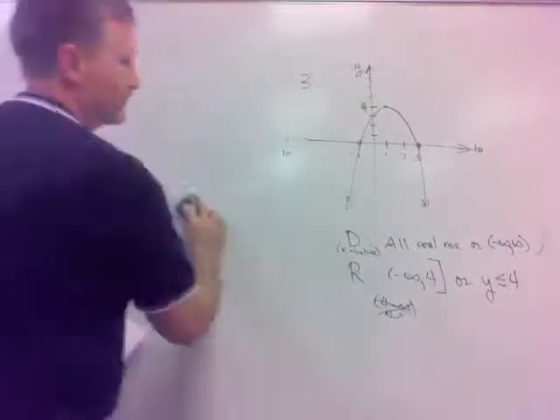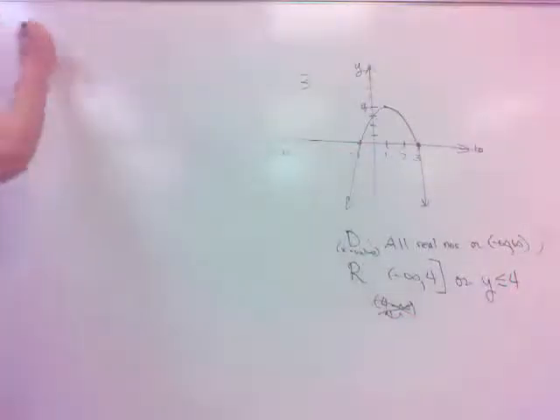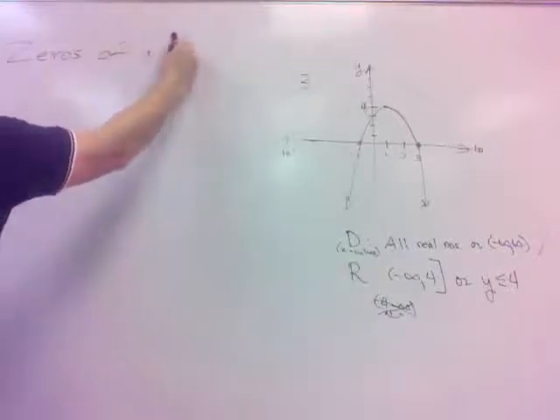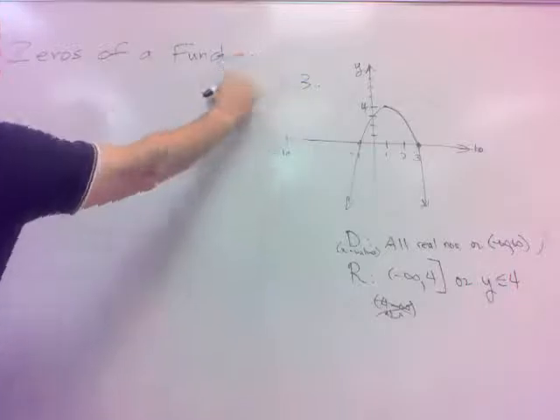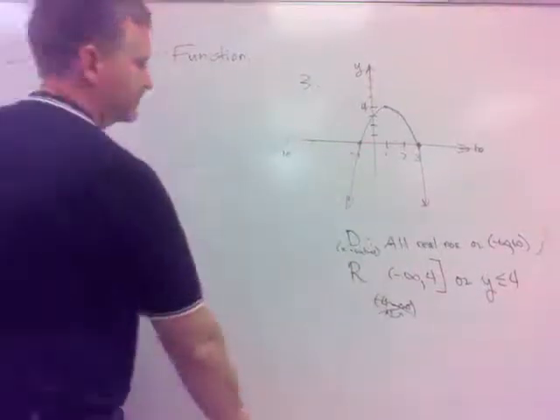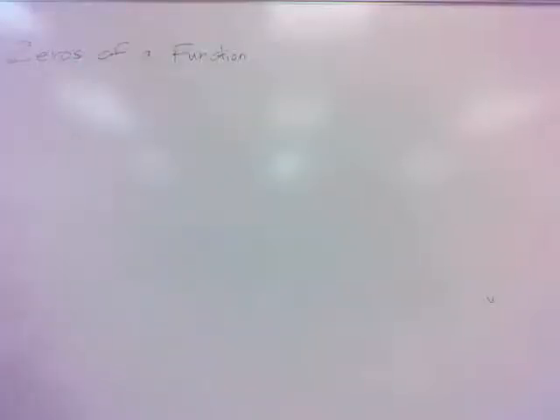Another definition, I guess, if you will, that we come across from time to time are the zeros of a function. What we mean by the zeros of a function. Well, here's the definition.